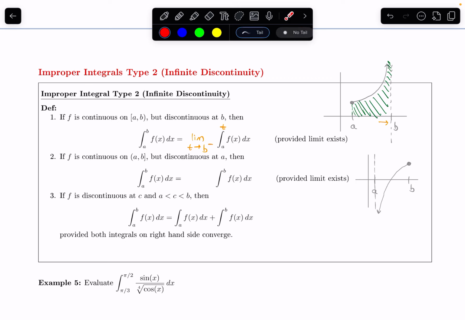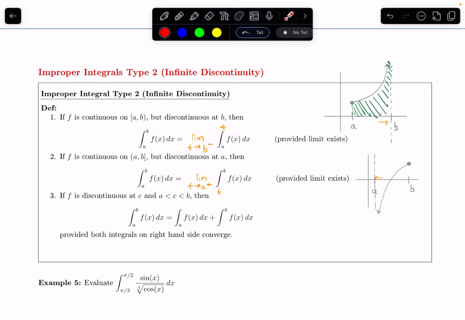When I evaluate this integral, I need to replace that lower limit, the a, because that's where it's discontinuous, with a variable like t. Then I'll take a limit as t approaches a from the right, because on this interval I just care about what's happening as I get very, very close to a, but from the right-hand side.